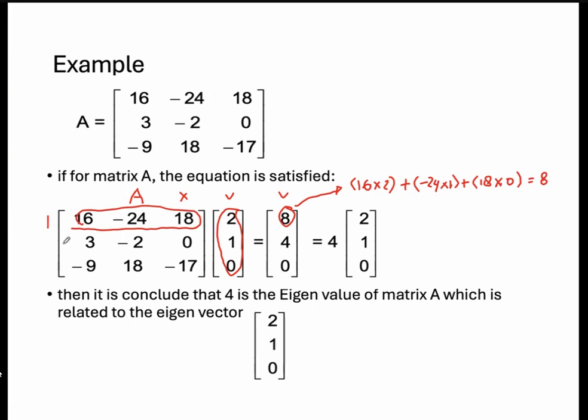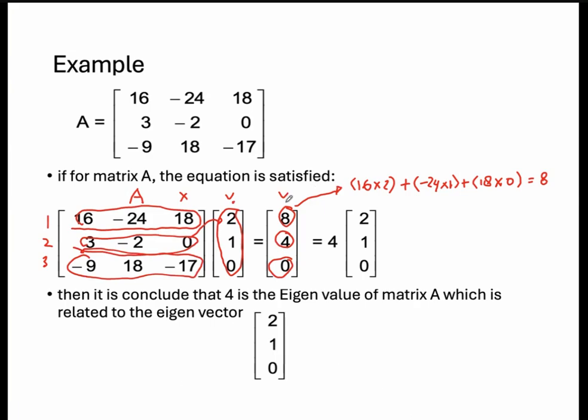Okay. And if we multiply the second row with this matrix, the result is 4. And if we multiply the third row with this column, the result is 0.